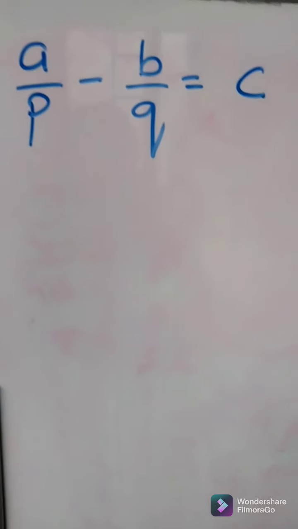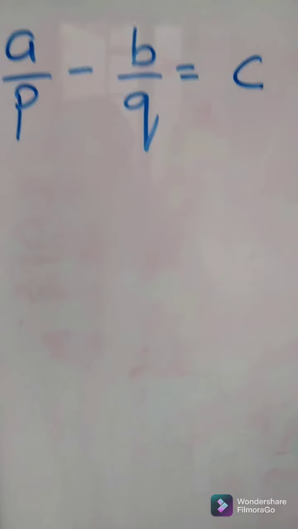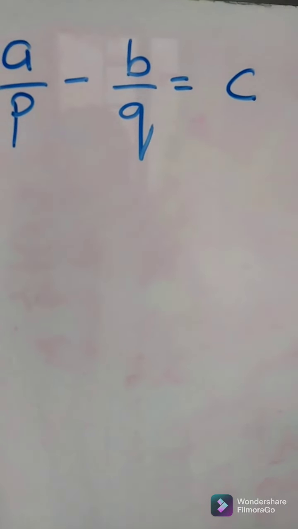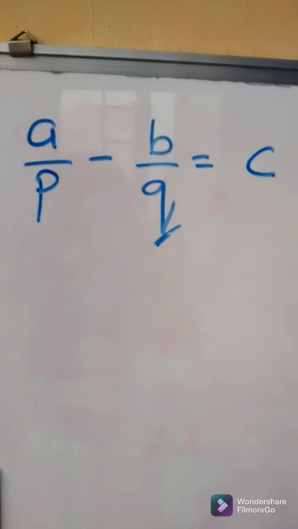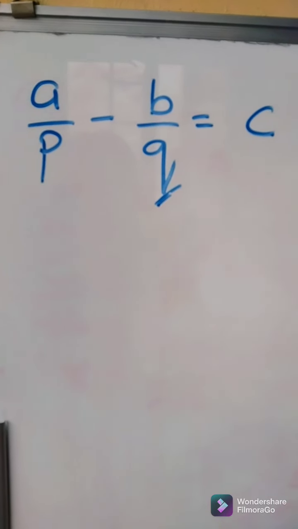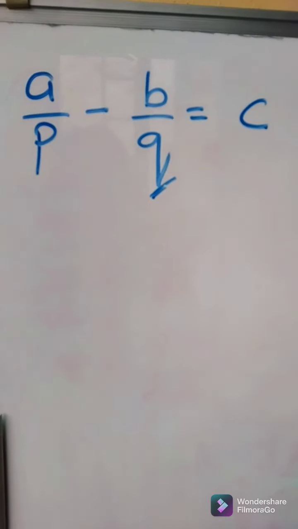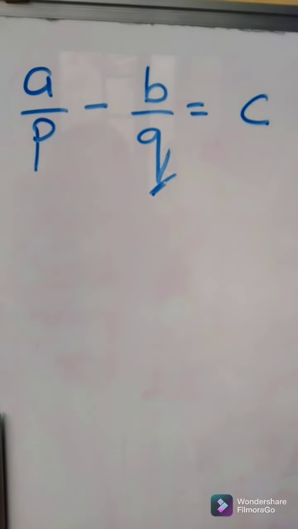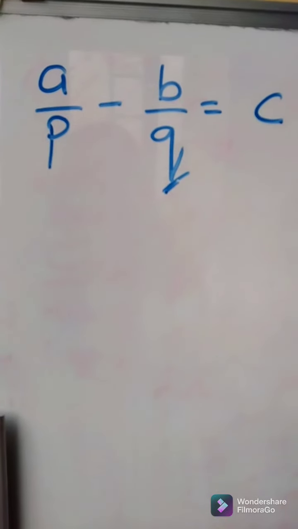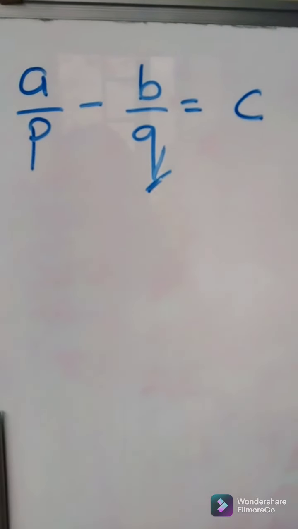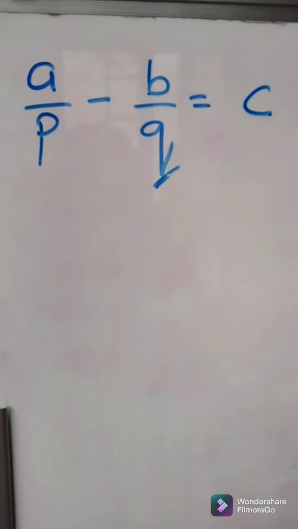So if we're given this function, a all over p minus b over q equal to c, make q the subject of the formula. So how do we go about this? First of all, I always like to isolate q, make anything attached to the subject be on one side.